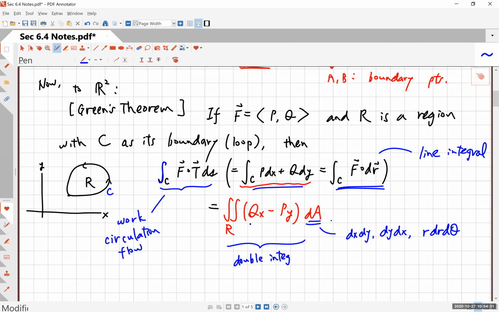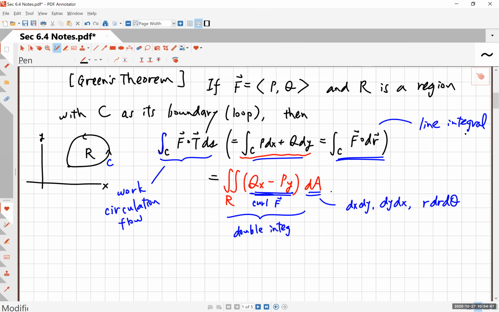Now, what's Q_x minus P_y? Later we will learn that this is called the curl of F, but that's not going to come until the next section. So I am not going to talk too much about the curl of F, except in explaining Green's theorem. But this is the statement of the theorem, which you will need to learn. So F is a two-dimensional vector field.